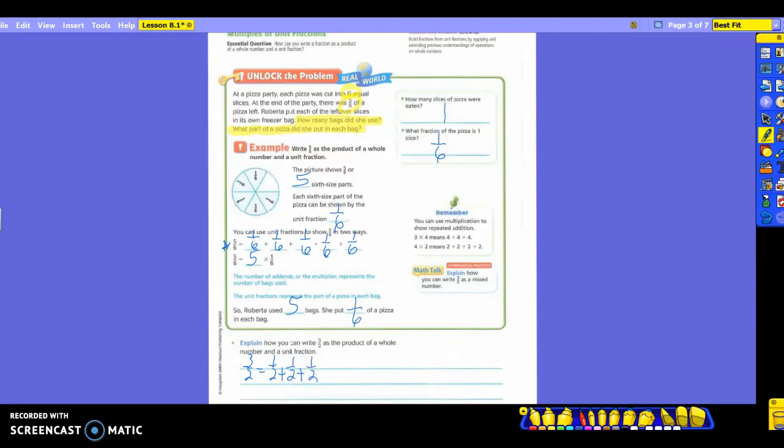Or, what's the other way? 3/2 is equal to 3 times 1/2. So here's the first way that we've been doing, and here's the second way.